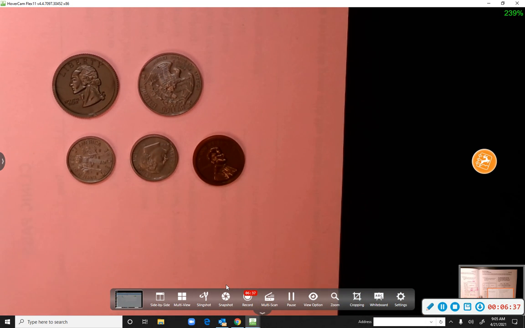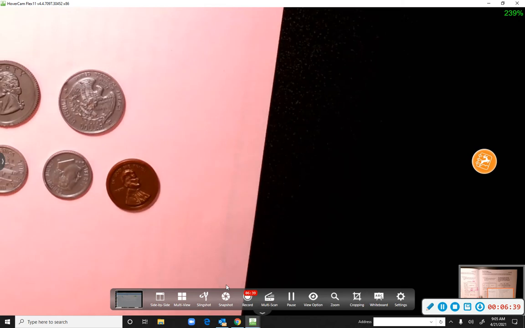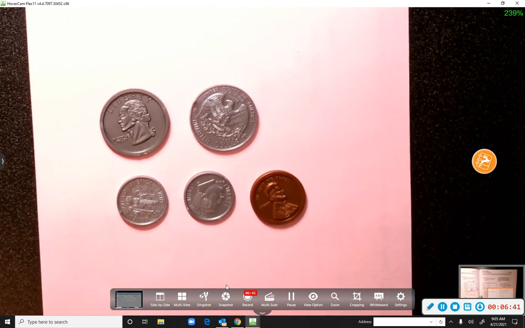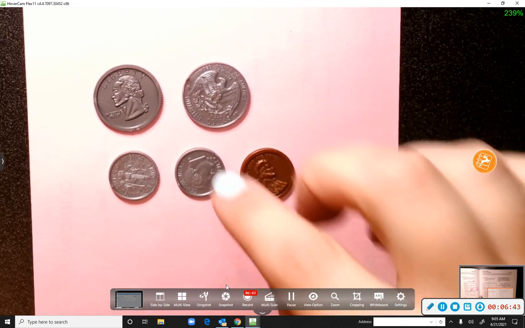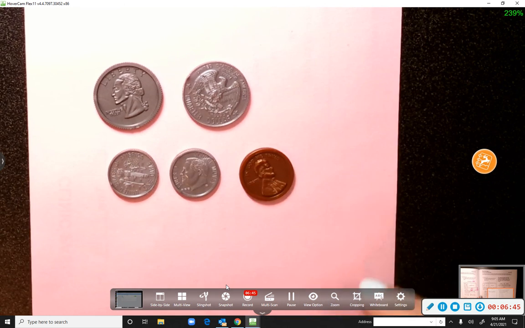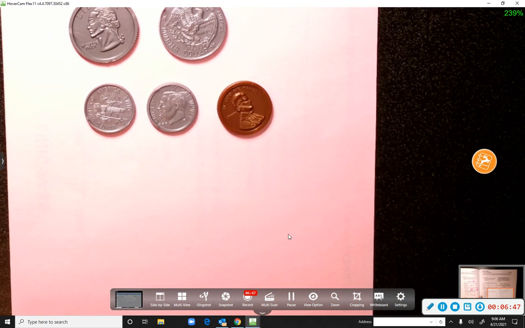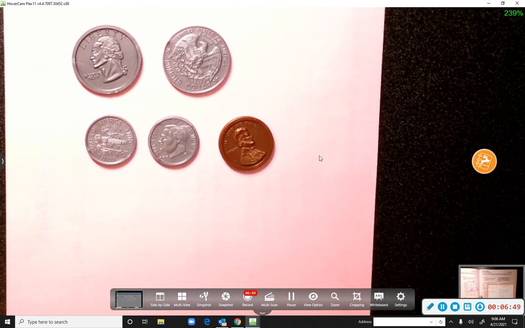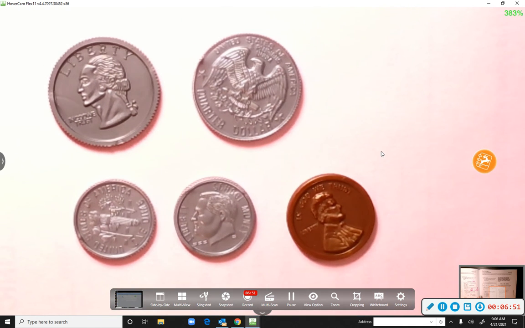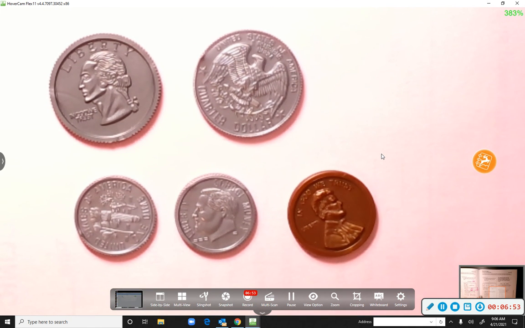Okay. Let's do that. Okay, so if this is my amount, I want you to add it up correctly on your board. Show me what you would do if this money was right there in front of you. What would you do?